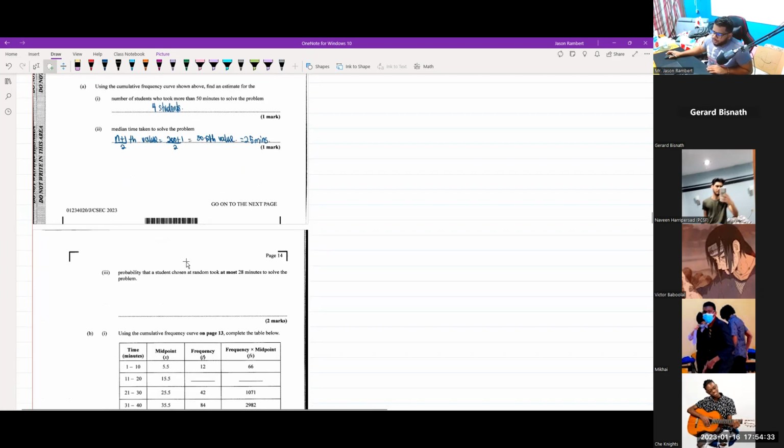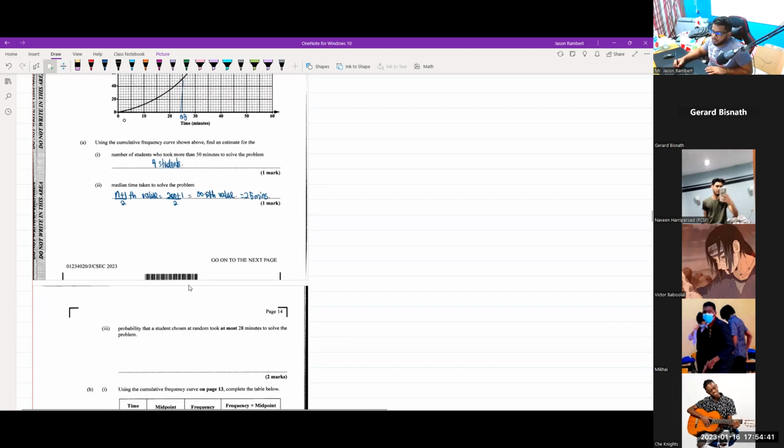The probability that a student chosen at random took at most 28 minutes to solve the problem. So at most would be 28 minutes and less. First, I would expect you all to say, let the time a student took to solve the problem be X. So you want the probability that X is less than or equal to 28.